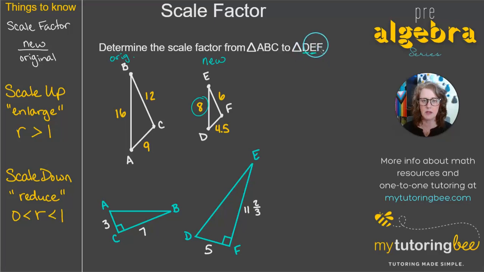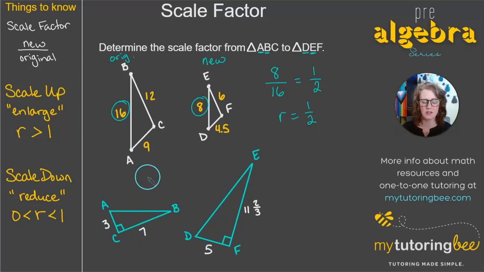Since D and E are the first two letters listed in that triangle's name, then I am looking for the first two letters in the original triangle's name, which would be A and B, and we can see that 16 corresponds to that. So we are going to use the new over the old, and then we want to reduce that fraction. So both of these can be divided by 8, so we get 1/2. So our R value, our scale factor, is 1 over 2, or 1/2.